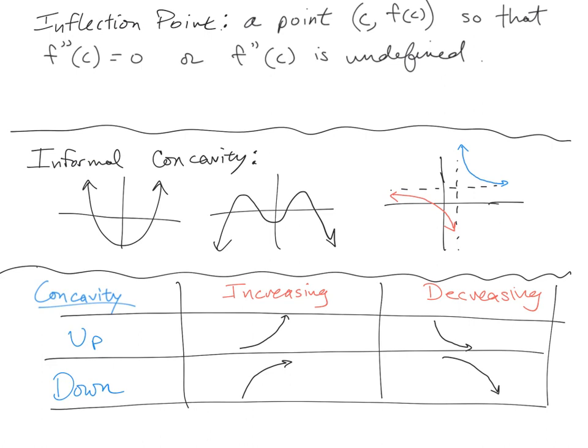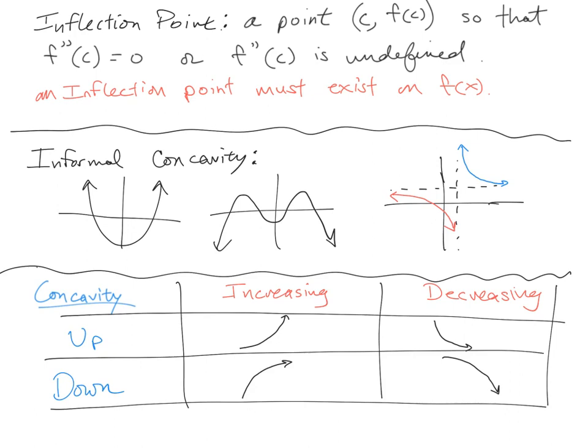The thing that needs to be made absolutely 100% clear is that an inflection point is in fact still a point. It must exist on f of x. It must exist.